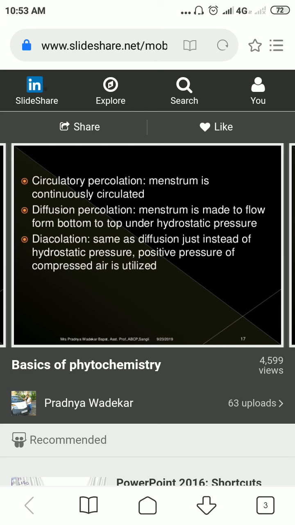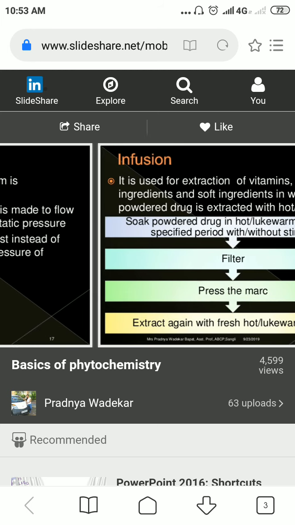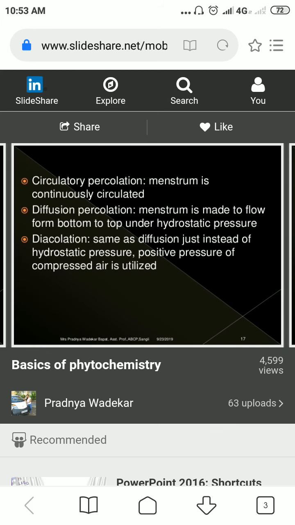We have to discuss the advantages of percolation. It is also one of the simplest methods of extraction, very few instruments are required, very little solvent is required as compared to other assemblies, and no highly skilled persons are required as in the Soxhlet apparatus. In comparison, percolation is also one of the easiest methods, but as compared to maceration it is somewhat hard or complicated.